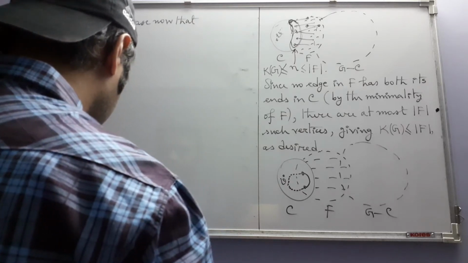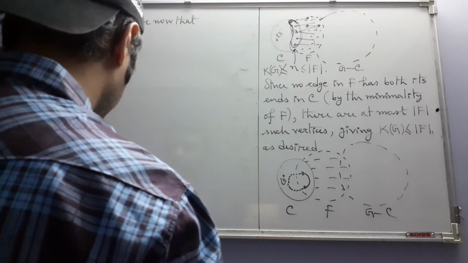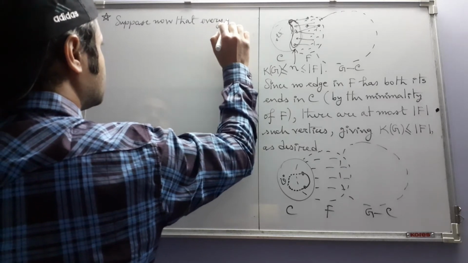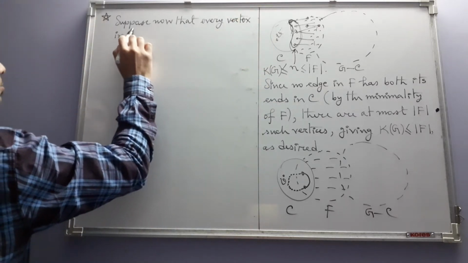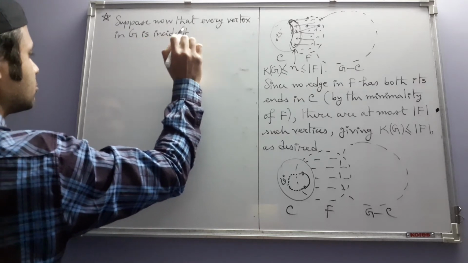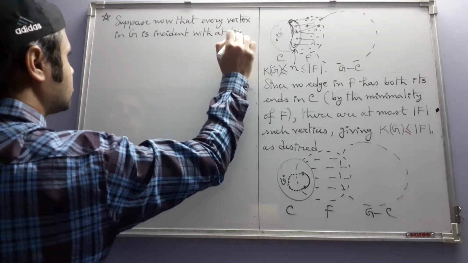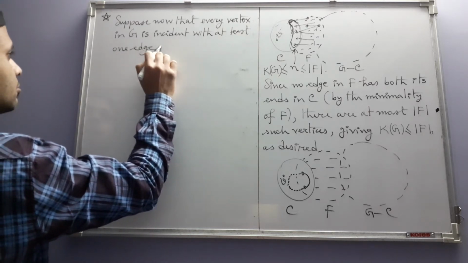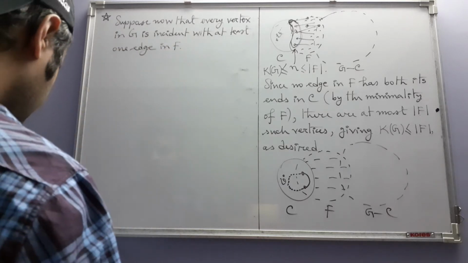So now there is no vertex in the graph that is not incident with any edge in F. Or in other words, every vertex in G is incident with at least one edge in F.